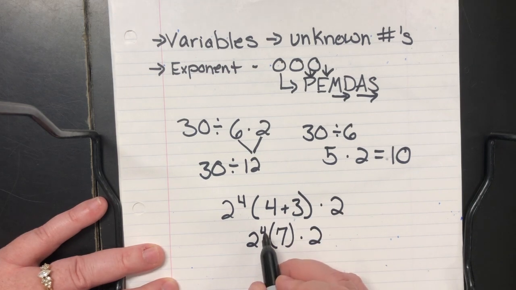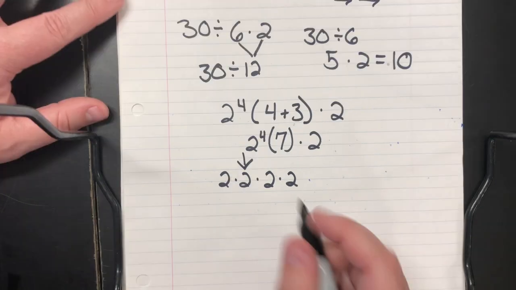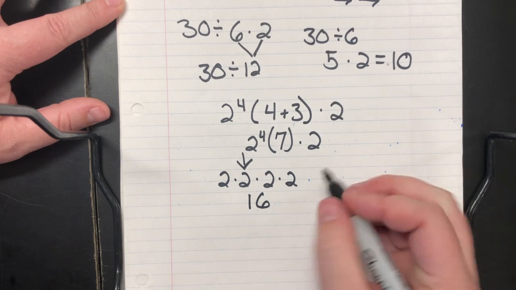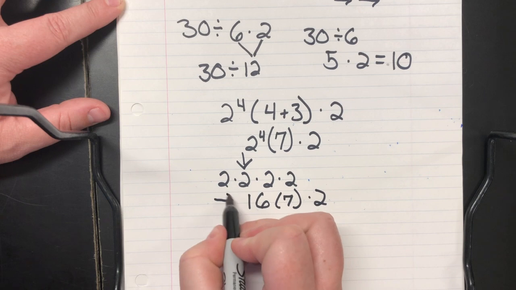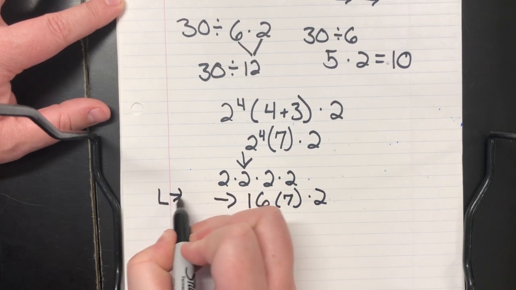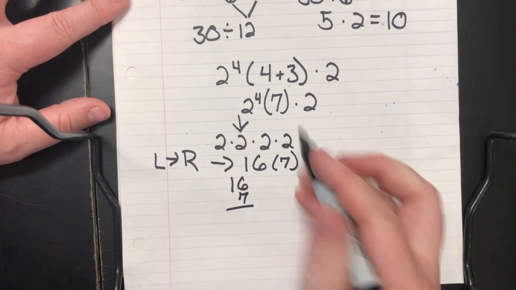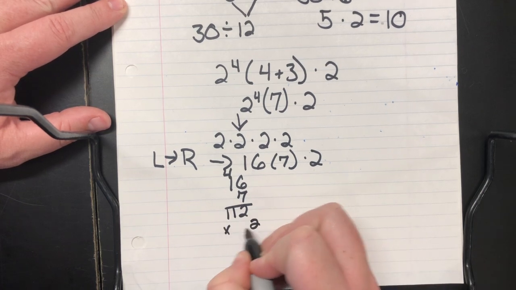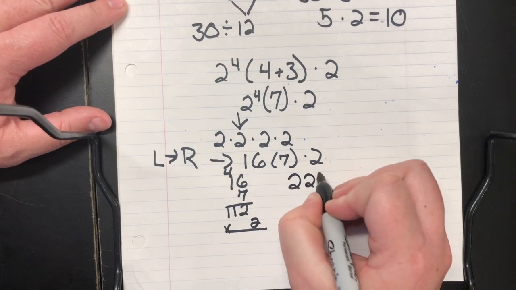So 2 to the 4th, which is the same as 2 times 2 times 2 times 2, which gives you 16. 16 times 7 times 2. This is where you go from left to right. So 16 times 7, 112 times 2. So my answer here would be 224.